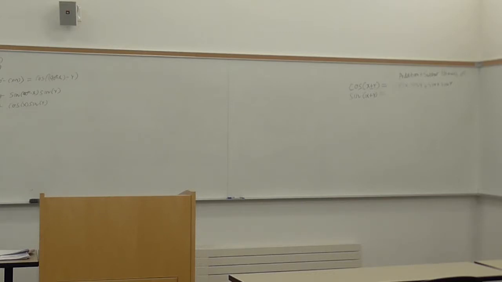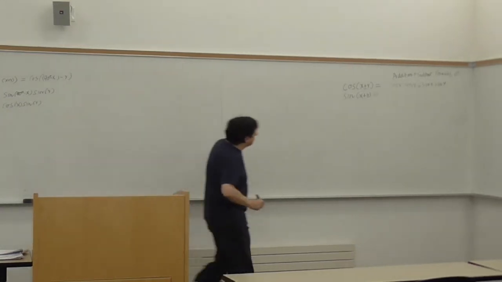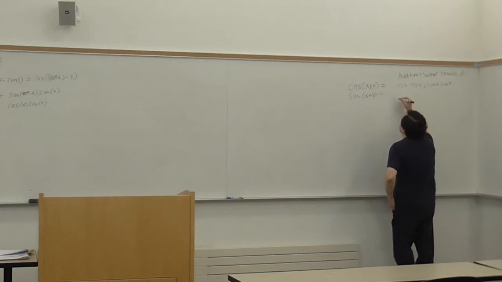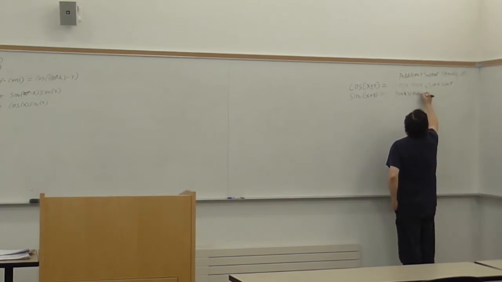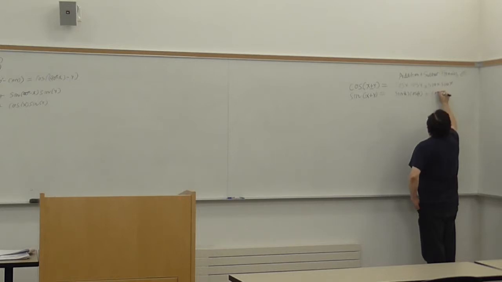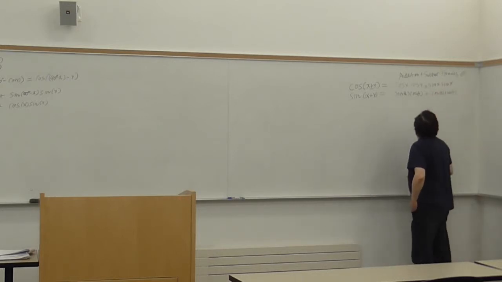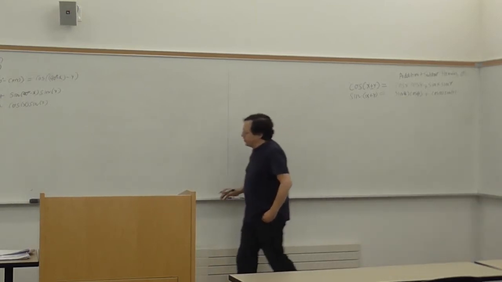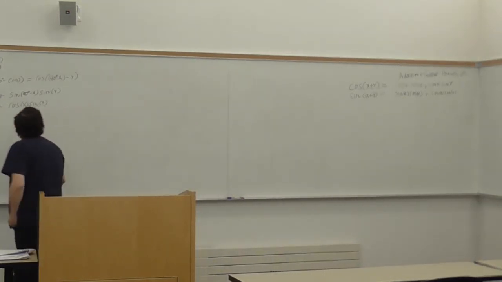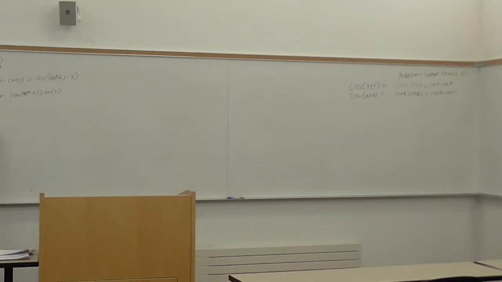Here we have sine, cosine, cosine, sine. Good. I really like the fact that we did one really weird and difficult proof. Everything else that's going to come out of it is relatively easy.